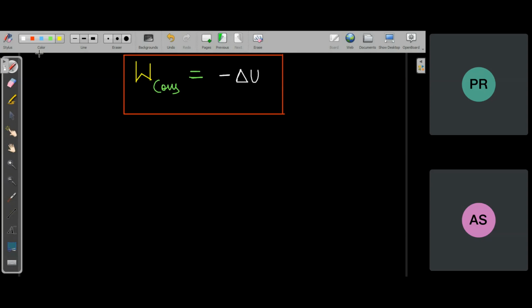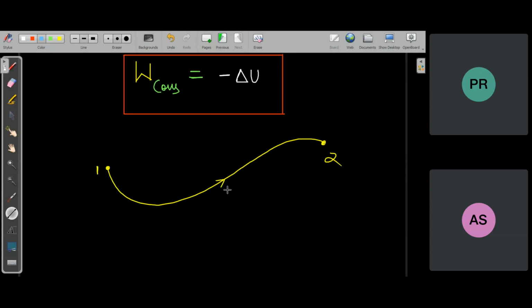So suppose a particle is going from this point to, let's say, this point. Let's name this point as 1 and this point as 2. The particle is moving under the action of a conservative force. Because the conservative force is acting all the time as the particle goes from 1 to 2, the conservative force must be doing some work.